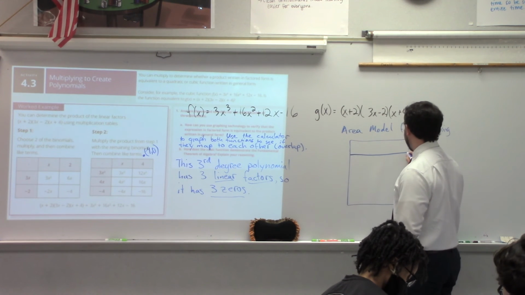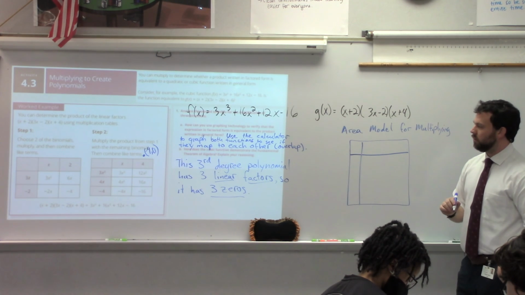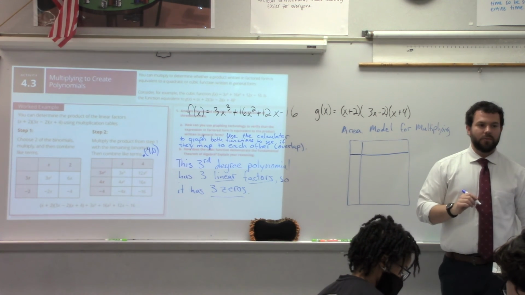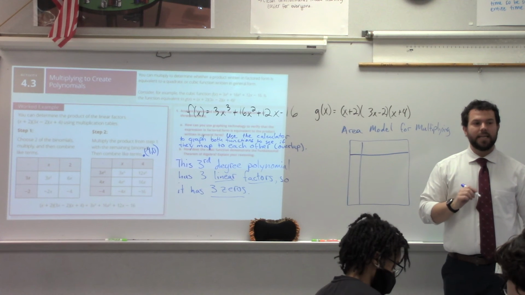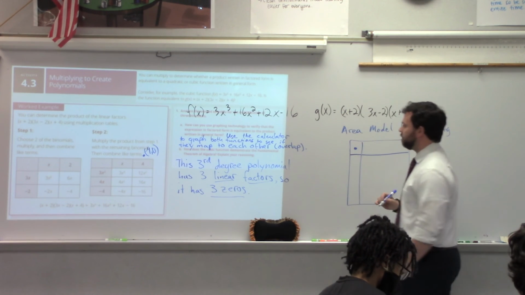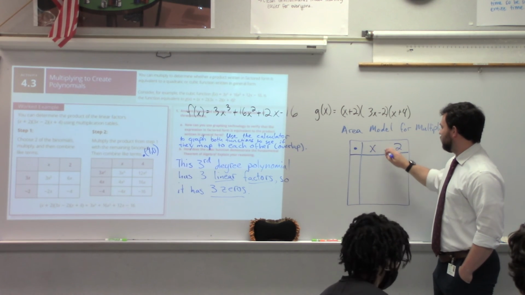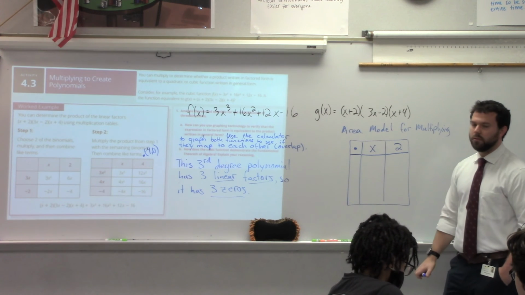And so I want to point out that, what do they have in this top left-hand corner? Yes, they do. They have a multiplication symbol because we need to indicate what operation we're doing. We are multiplying. And then they have an x and a 2 here. Why do they have an x and a 2?